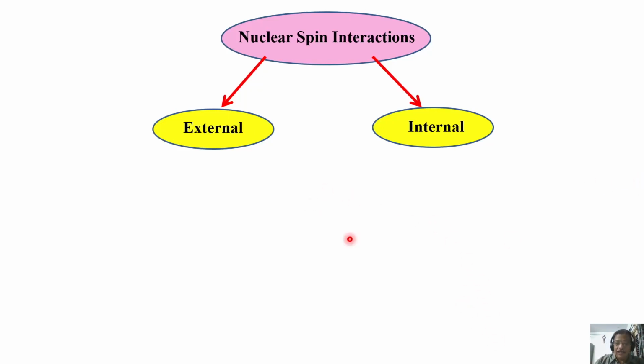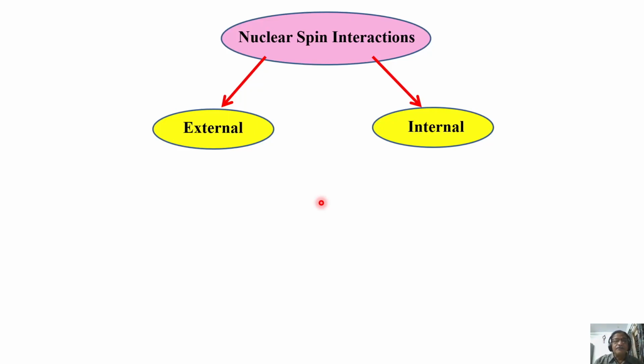First external interaction is, you must remember, I said, the moment you put the magnetic moment, that is the nuclear spin, in a magnetic field, there is an interaction of this nuclear magnetic moment with the external magnetic field. You please remember my basic equation I wrote.